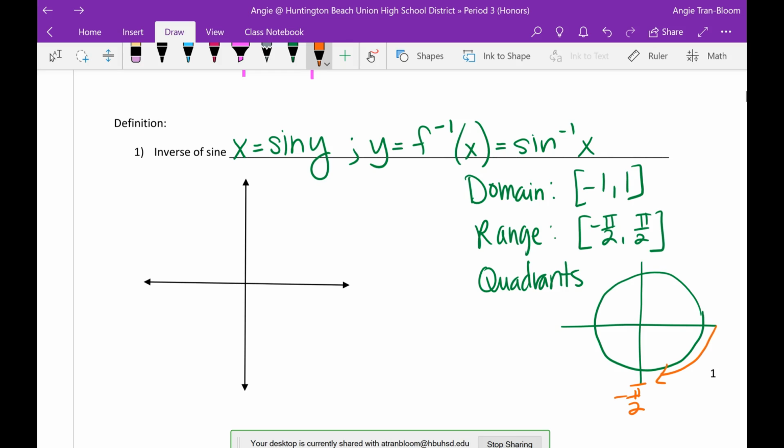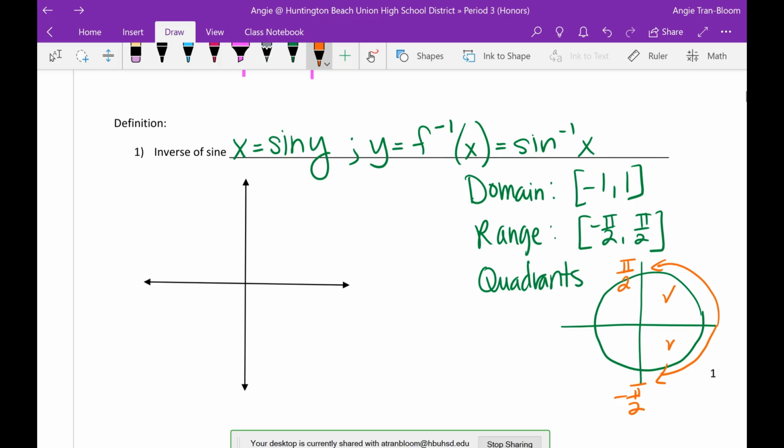What quadrant is that? 4. And then pi over 2 is here, right? So guess what? It's 1 and 4. Now, is it clicking why we're using quadrants 1 and 4 for sine inverse? Because of the restriction, negative pi over 2 all the way to positive pi over 2.